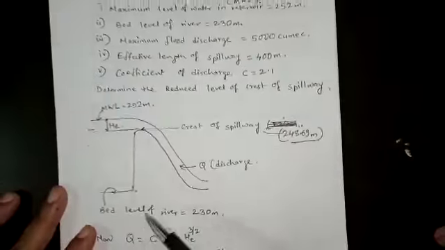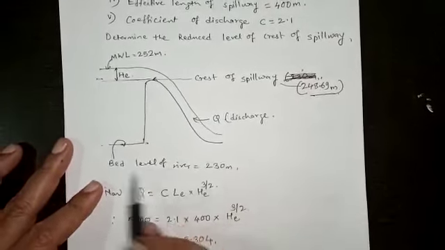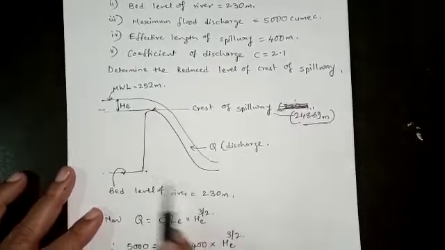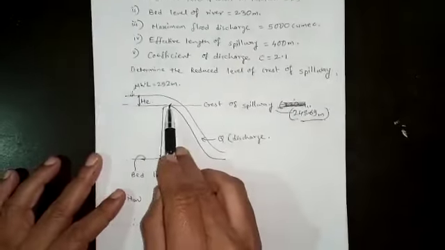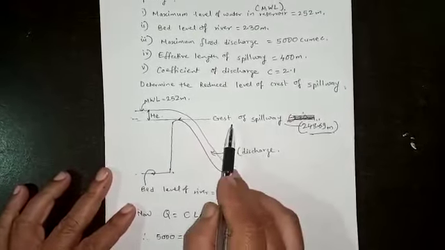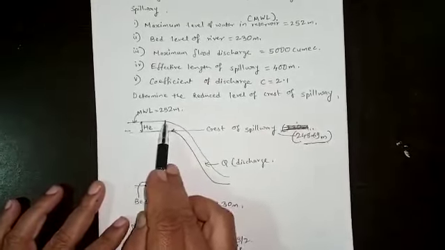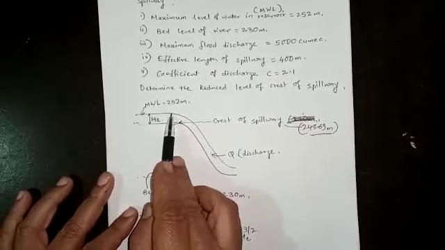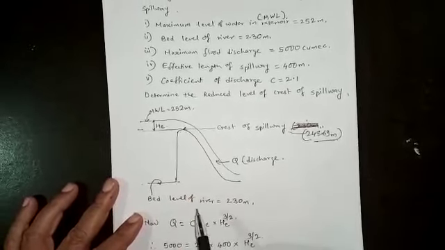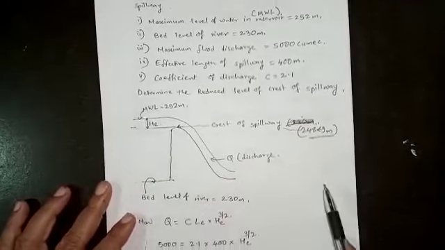Now from the above data, as shown in the sketch, the bed level of the river is given as 230 meters, and the level of the crest of the spillway is to be obtained. The maximum water level in the reservoir is given as 252 meters. Q, the discharge, is also given. The effective length of the spillway is also given.